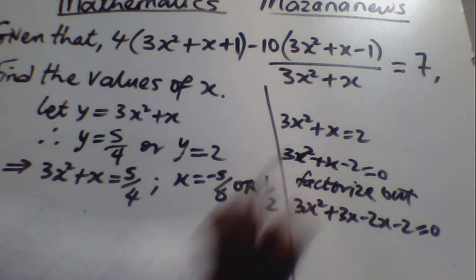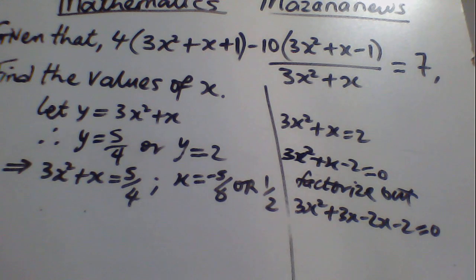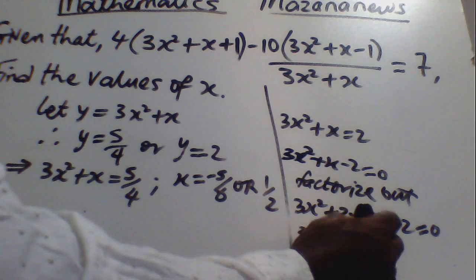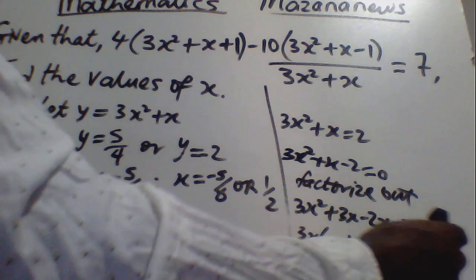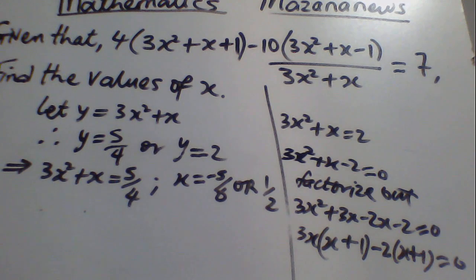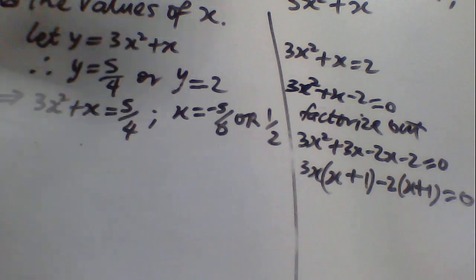See, these replace x, and if you multiply them, it will give us the product of the first and the last, which is minus 6x squared. So from here we can factorize out, have 3x in bracket x plus 1 minus 2 in bracket x plus 1 is equal to 0.